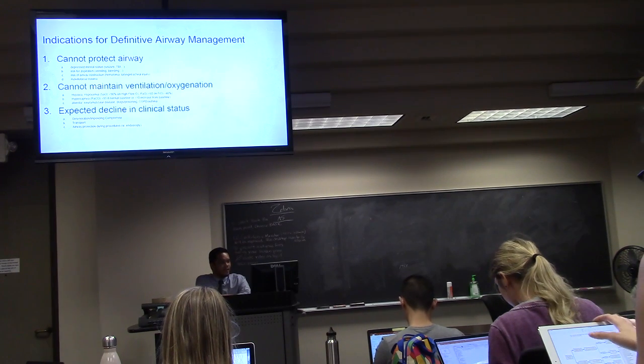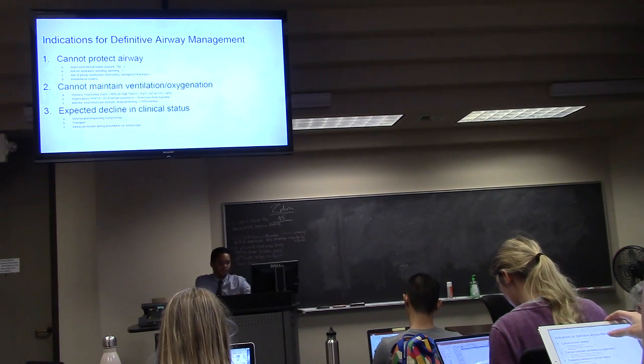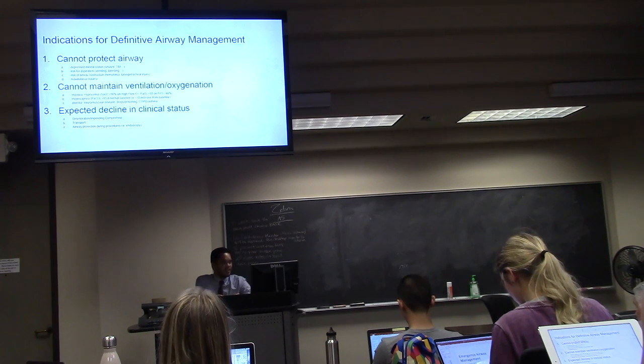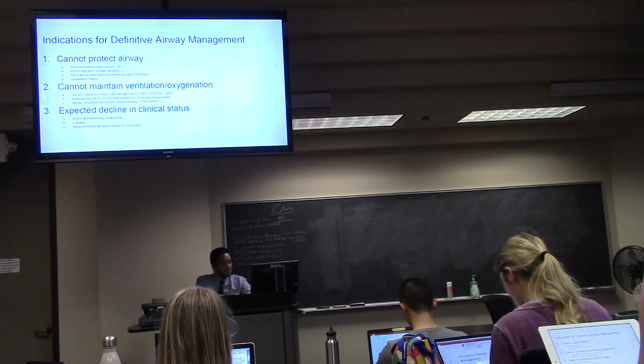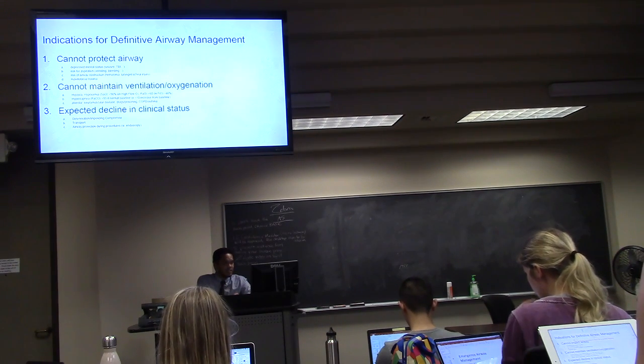The most common reason that we would intubate somebody is that they cannot protect their airway. Like the other lecturer was saying, GCS of 8, you intubate. People with depressed mental status, people who are at risk for aspiration, need to be intubated before they develop other complications from that. And people who cannot maintain their ventilation, say an asthmatic who's starting to tire out, needs to be intubated.